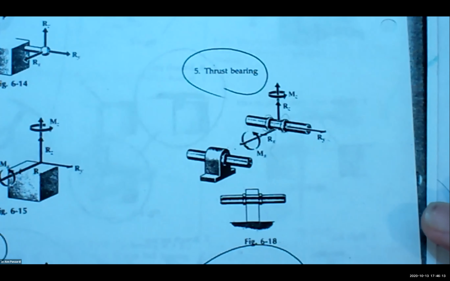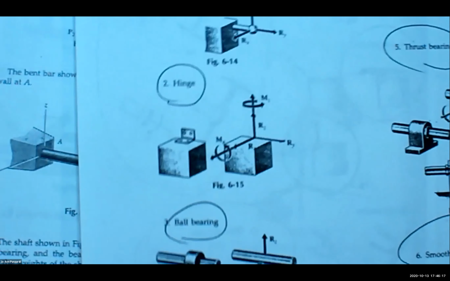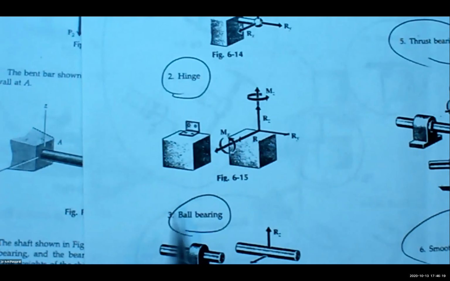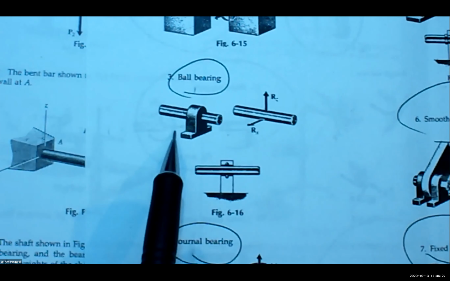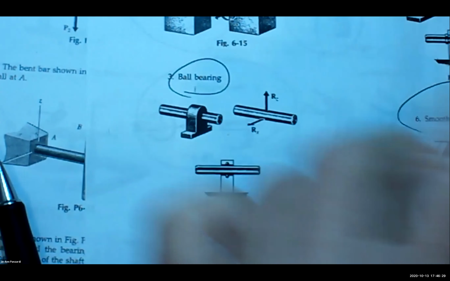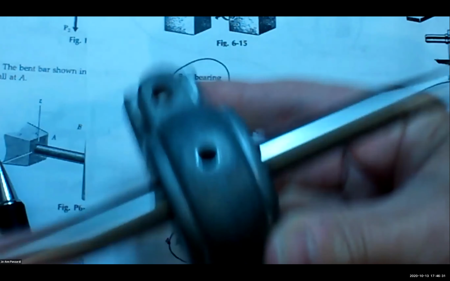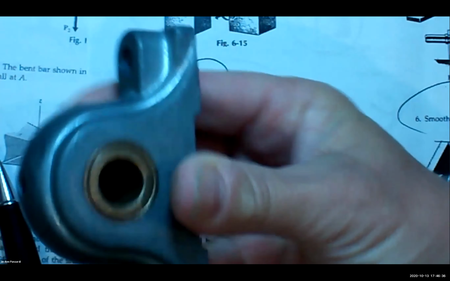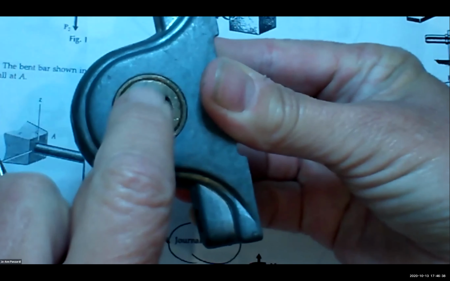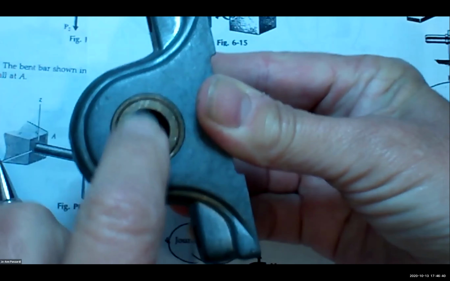Okay. The next one is a ball bearing, which is probably the most confusing. Here's a ball bearing. It's a journal bearing again, with a rod in here. If you look close at the collar, you see that there's this metal piece in here.